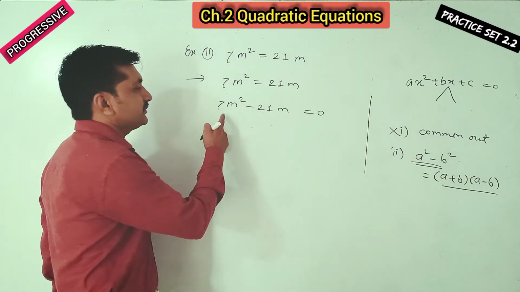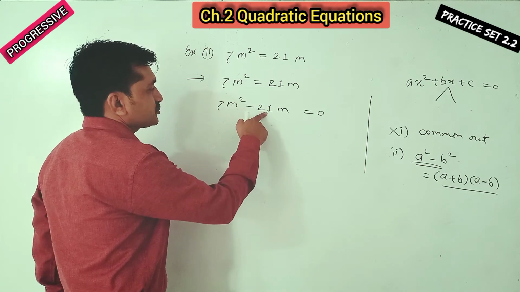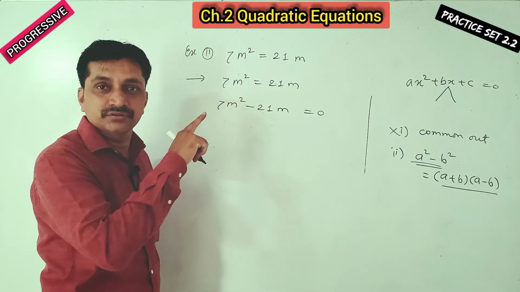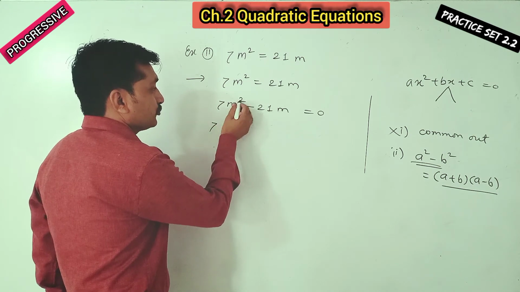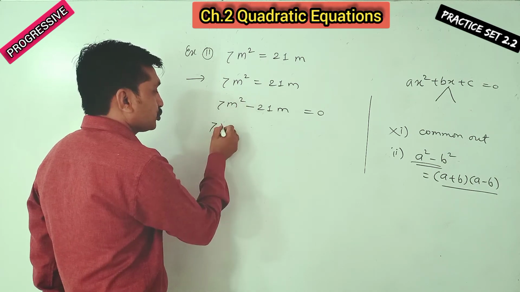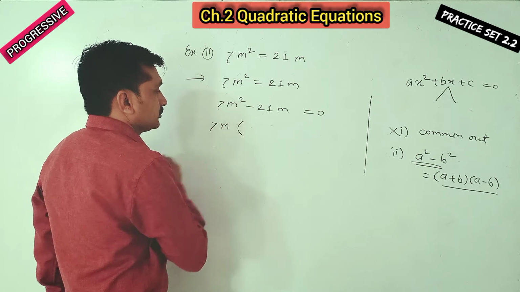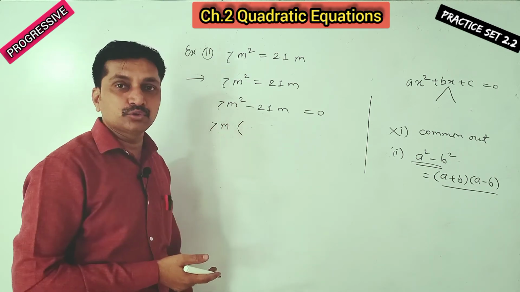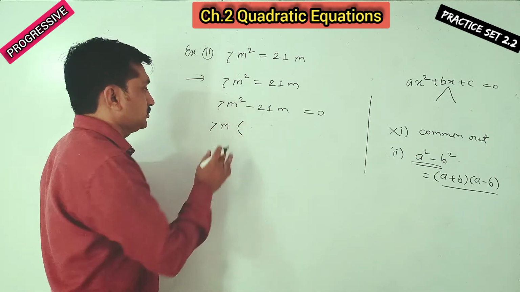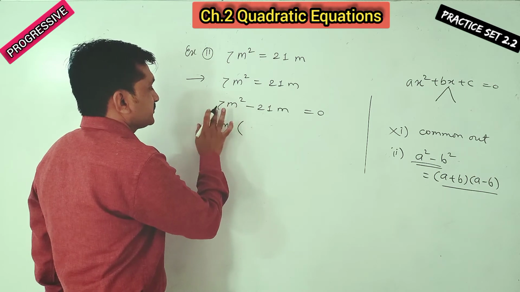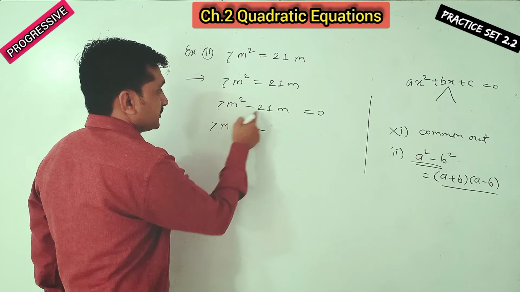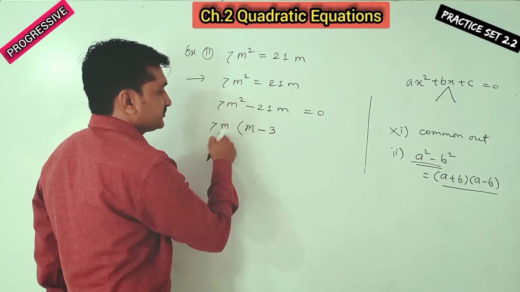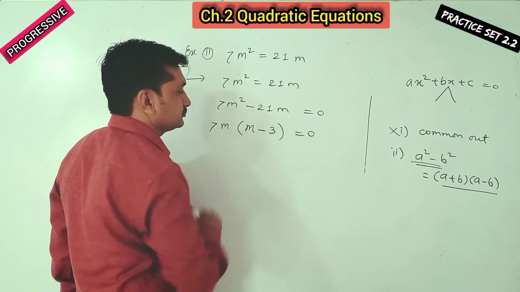Can we take common here? Here is 7, here is 21. Yes, we can take 7 common, and from m square and m, m is common. Now in the second bracket, the non-common part. 7 is out, m is out, so m in the bracket, sign minus, 7 threes are 21, equal to 0.